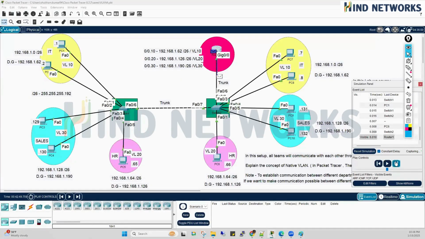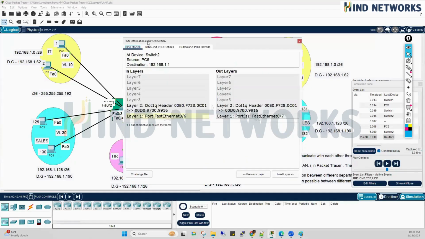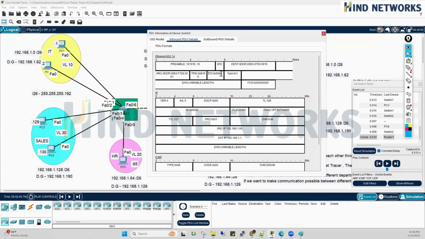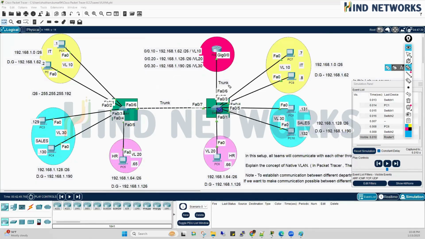So see, the packet reaches here, the switch. What will the switch do? See here, I open this packet. Switch inbound. In the inbound, the switch receives the TCI. TCI is 0x000A. That is nothing, guys. This is 10. You can convert it. Okay. Outbound. In outbound also it is A. It means now the switch receives the packet from the router, and with this packet the router adds the VLAN 10 tag.